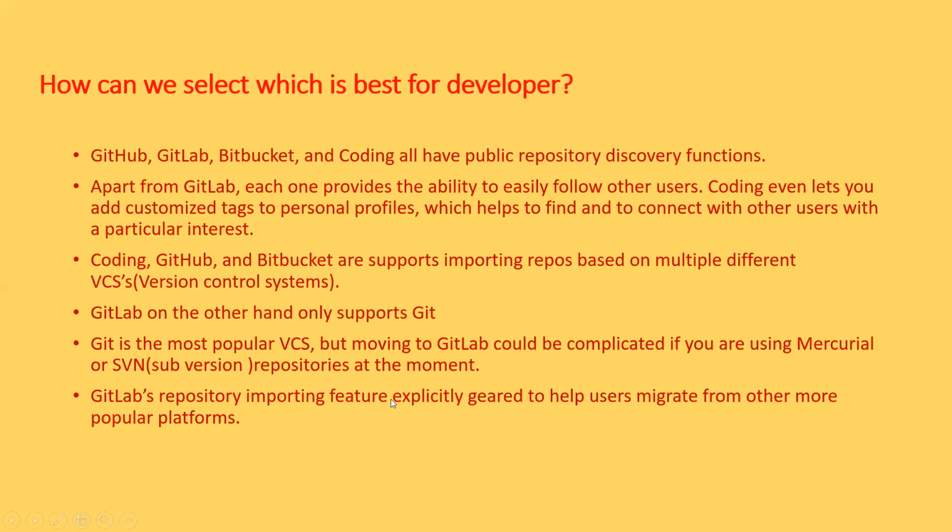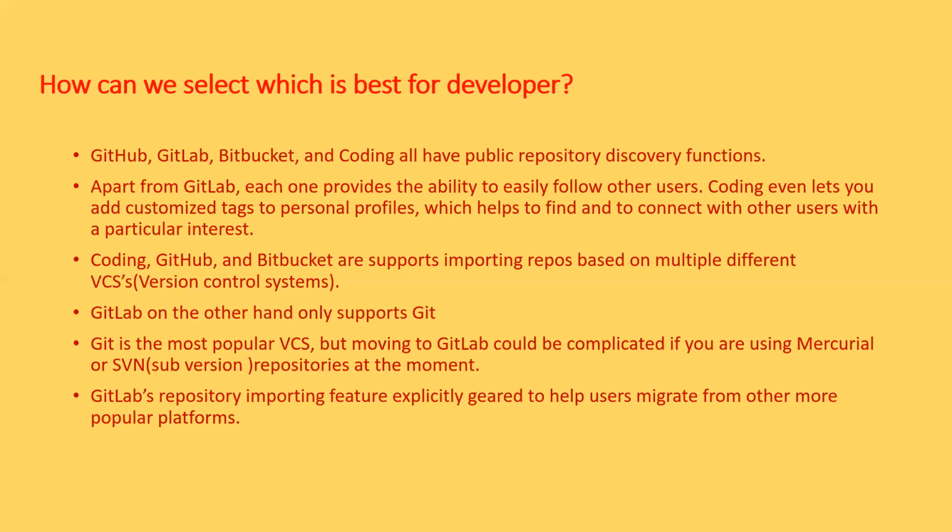GitLab's repository importing features are explicitly geared to help users migrate from other more popular platforms. So that is what GitLab is indirectly saying, and it is giving a hint to the users. So when looking at the importing feature, it is better to go for another service provider, either GitHub or BitBucket or Coding.